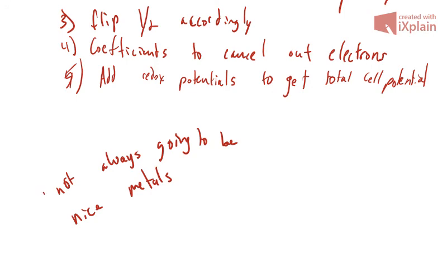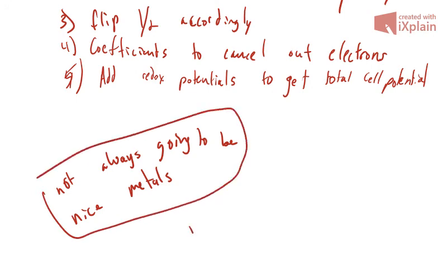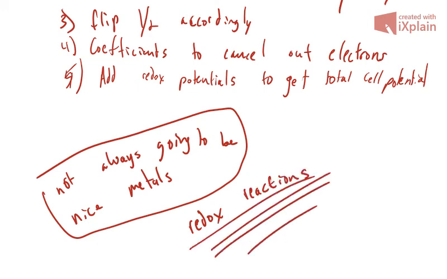So make sure you are keeping a lookout for redox reactions, keeping track of which one is going through oxidation and which one is going through reduction. All right. Watch the video, take some notes, ask me if you have any questions.